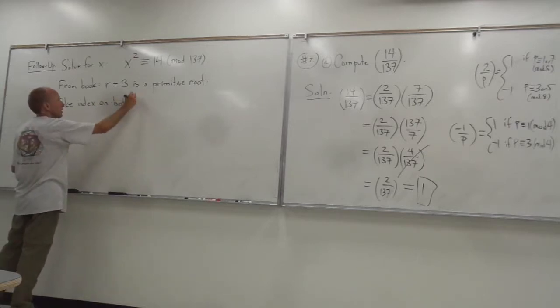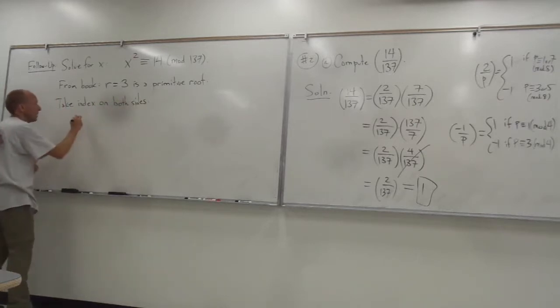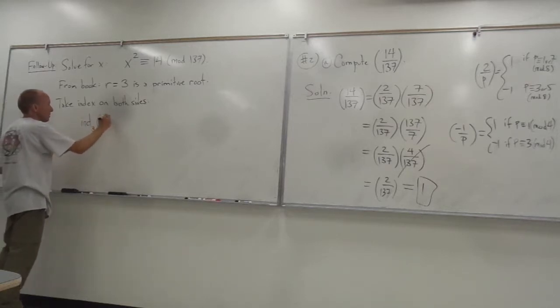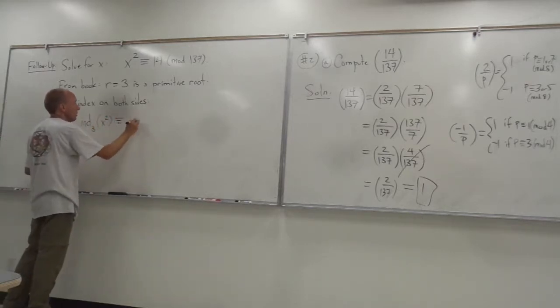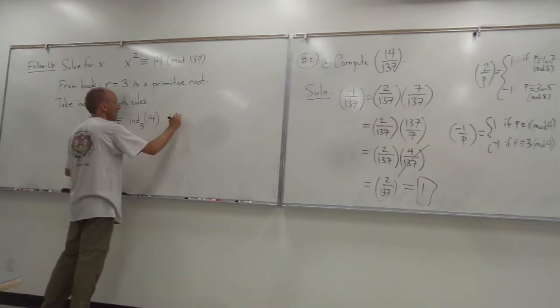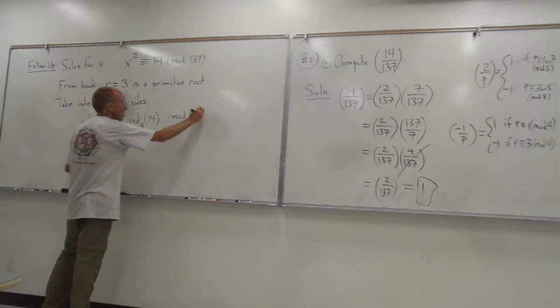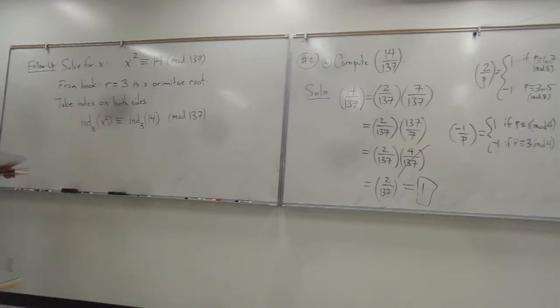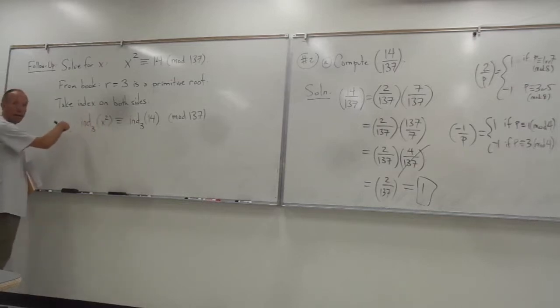Okay, so on the left side, I'll have the index base 3 of x squared, congruent to, on the right side, the index base 3 of 14, and then we're going to do mod 137 here, okay? So we do that. I can pull the 2 down.